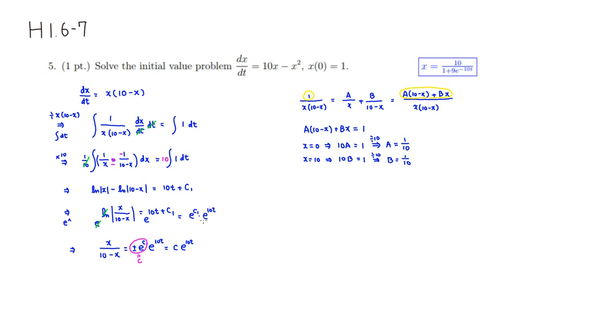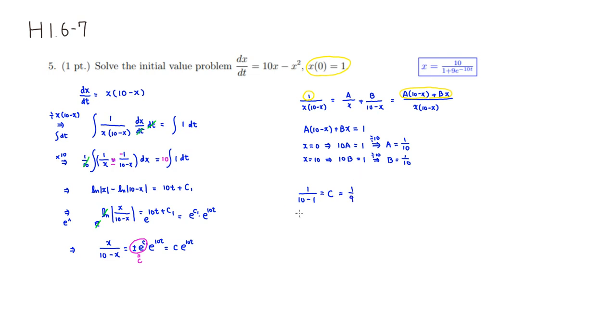So at this point, I'm going to try to find c using this initial value condition here. When t is equal to 0, x is 1. So we plug in 1 for x, t equals 0. So you have x is 1, and 10 minus 1 is equal to c times e to the 0, which is 1. So c is going to be simply 1 over 9.